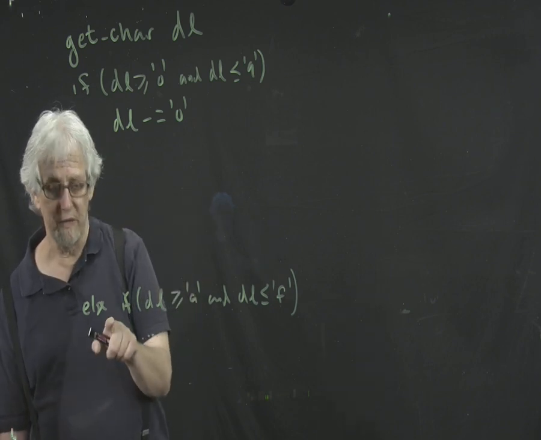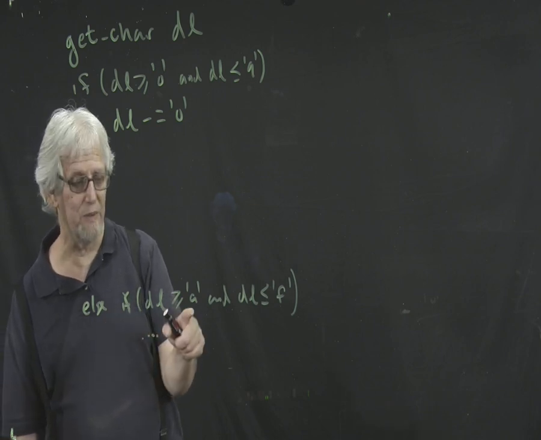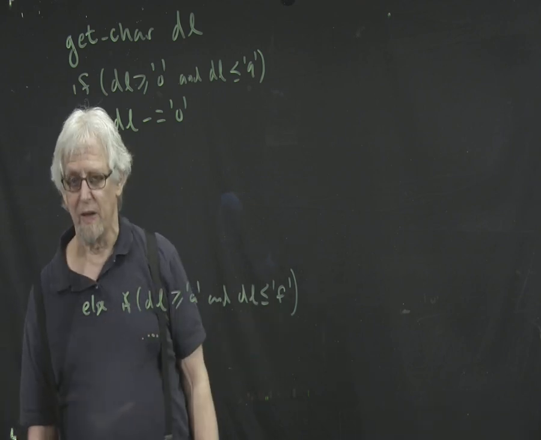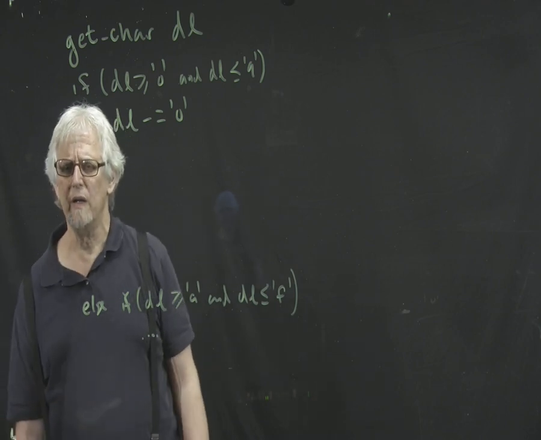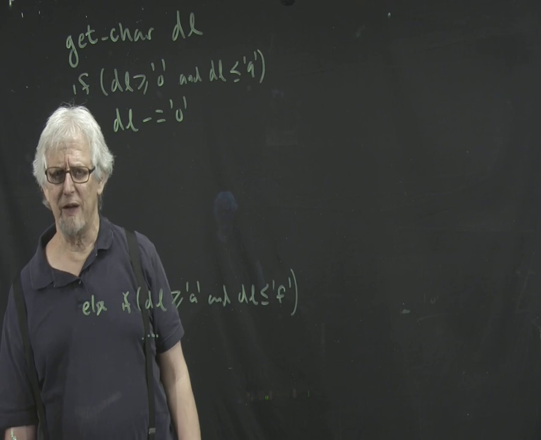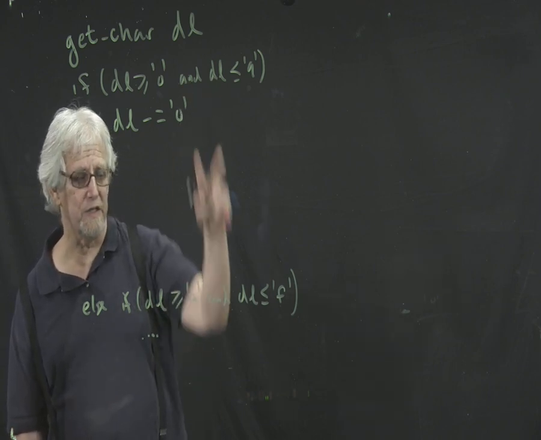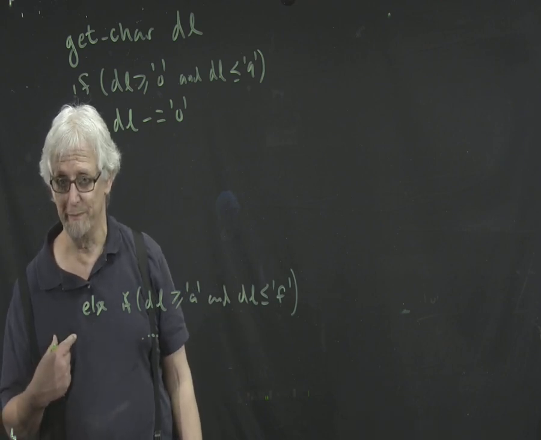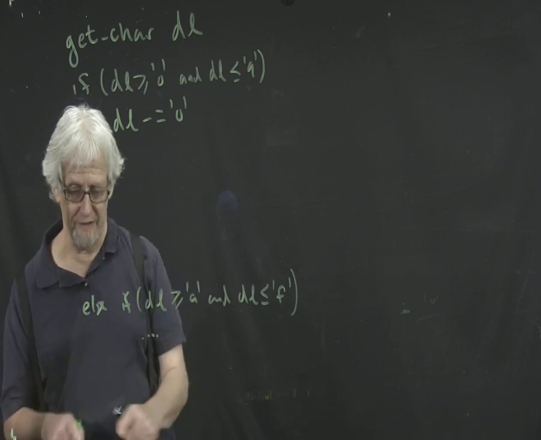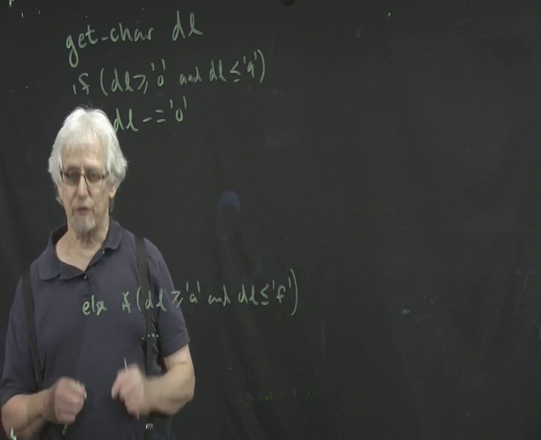Otherwise, we want to do this computation if it's between a letter A and a letter F. And it's going to be a little bit more complicated because if it's not in this range, and it's not in this range, we're going to want to print an error message. So it's like else if and then else error. All right? So that's what we need to do.